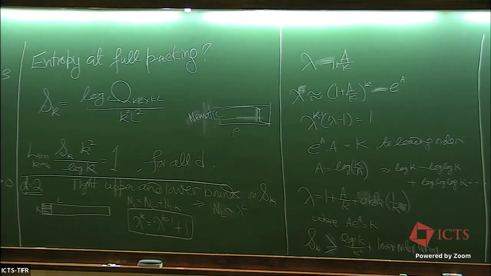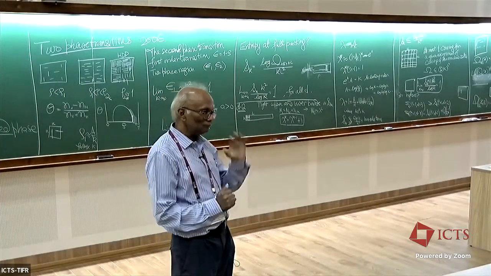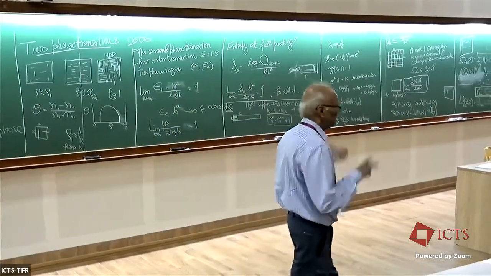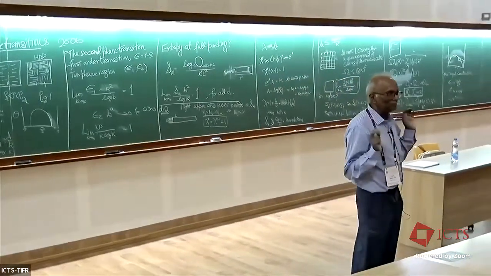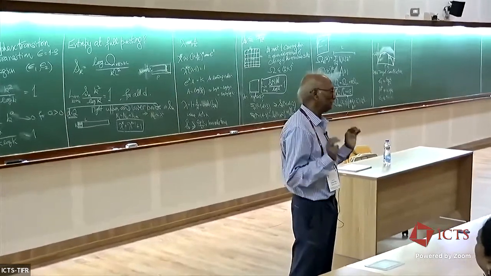Most of the discussion goes through qualitatively, but all these coefficients will become functions of m, and those we have not discussed. And there is a possibility that if m is not equal to 1, there are additional phase transitions. So the situation may become more complicated, and that we have not analyzed in great detail yet.